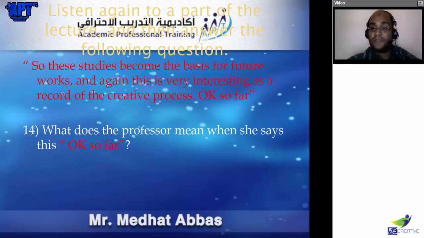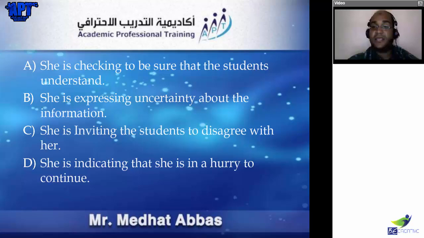Once a professor says, okay, so far, or so far, so good, he or she's checking to be sure that the students understand. This is the right answer. So far, so good? This is my question to you. Do you understand so far? I want also to double check the understanding of those who are watching me right now. So far, so good? Okay, perfect. So the right answer: she's checking to be sure that the students understand.